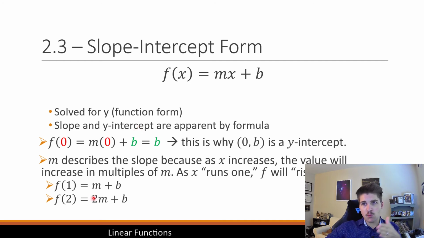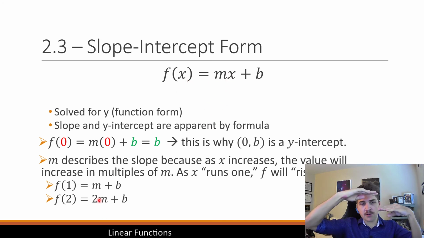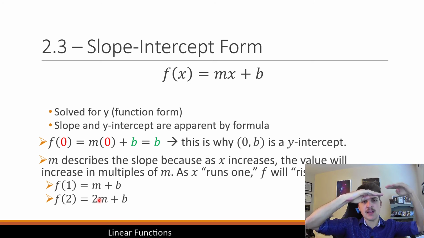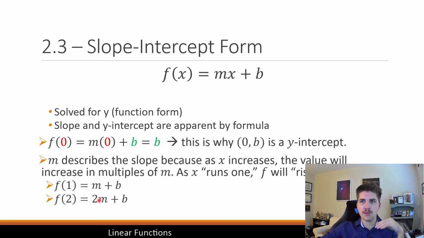Then if I run 1 more unit to the right, so x is equal to 2, that would leave me with 2m plus b, and I've risen another m. So it would be starting at b, then b plus m, b plus 2m, and it would keep going up the same amount each time, which is what causes these functions to have a consistent slope and rise the same amount due to their linear nature.